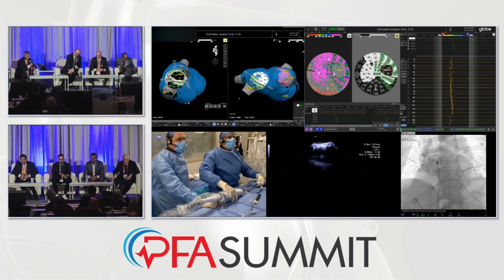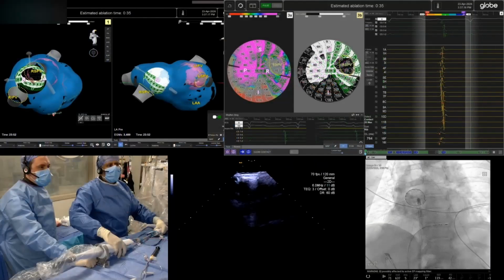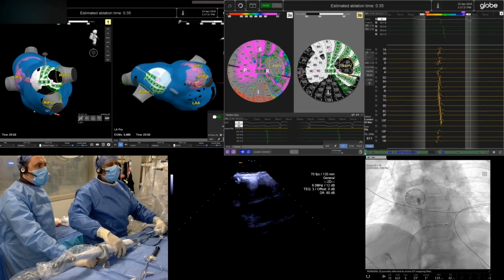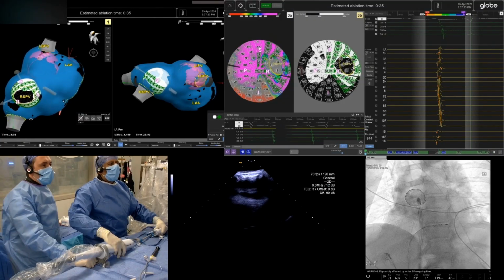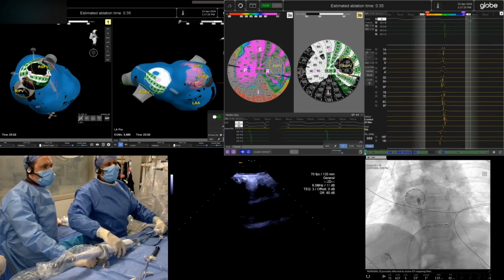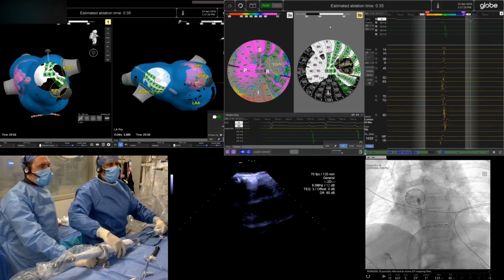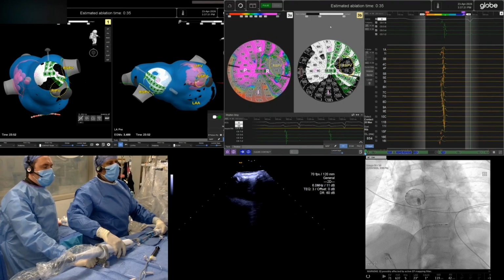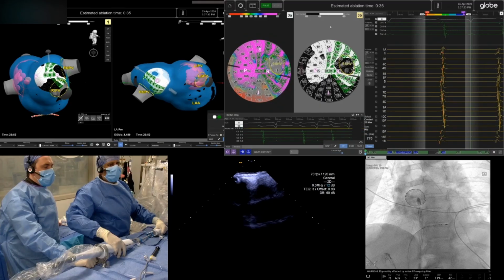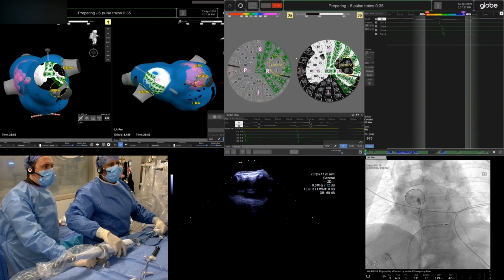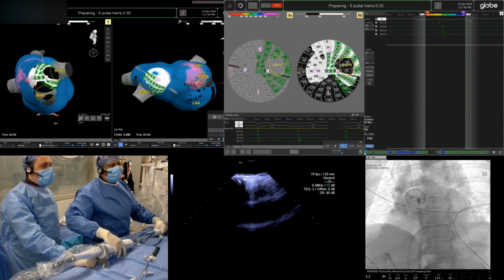So we just selected pairs of electrodes. I don't know how many pairs we selected, but that's basically tailoring the lesion set around this vein. And so we got pretty good contact. All those green dots are the ones that are turned green. Energy will be delivered from those. There are a few of them that probably are touching blood, so you get a little bit of hemolysis, but mostly the energy is going to go into the tissue that you care about.